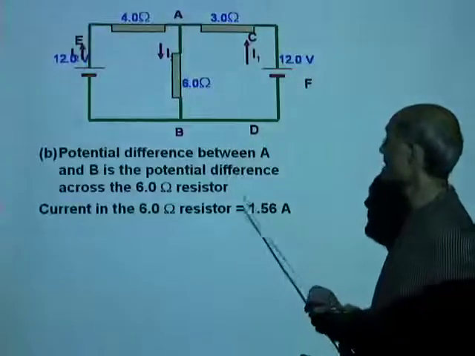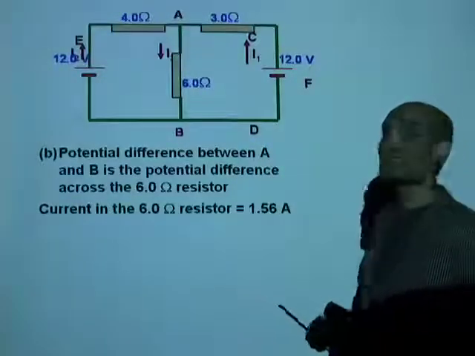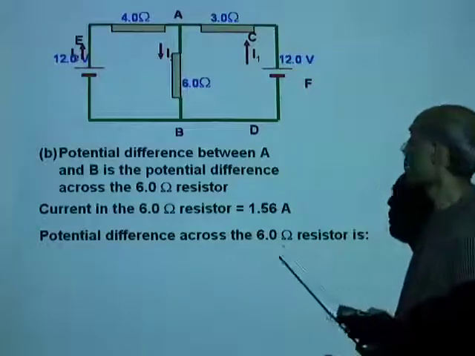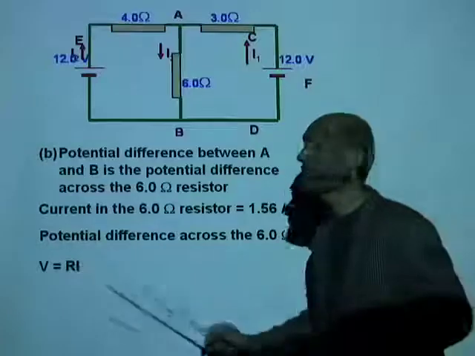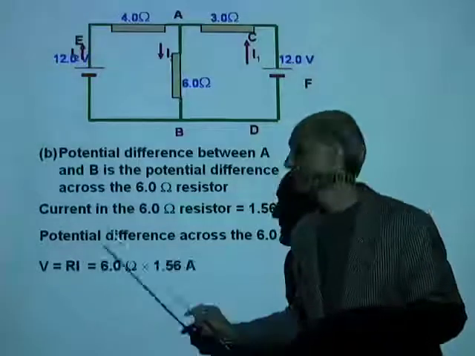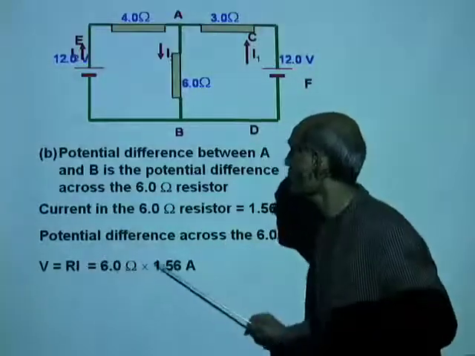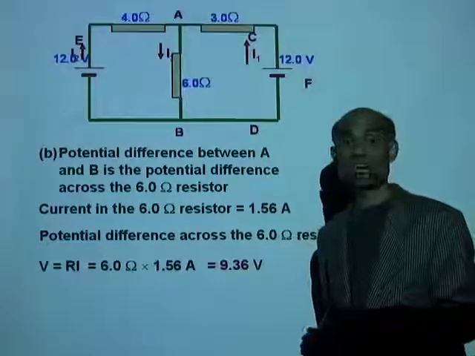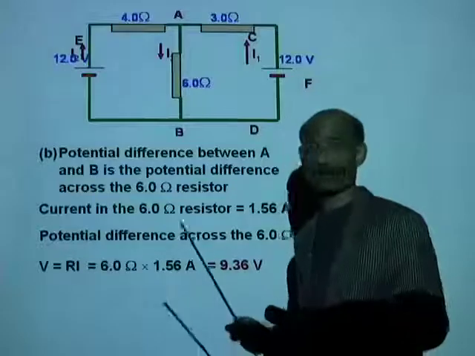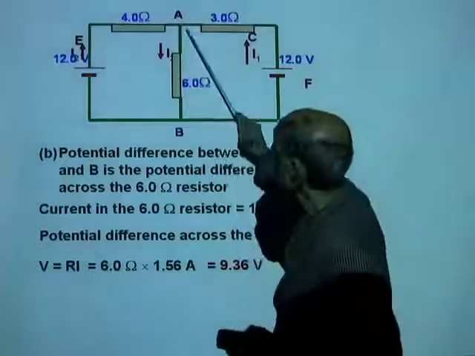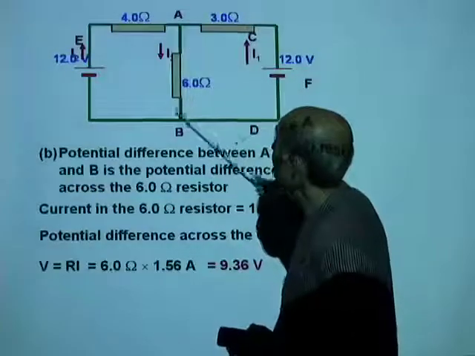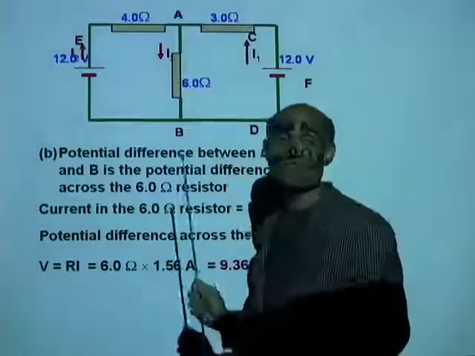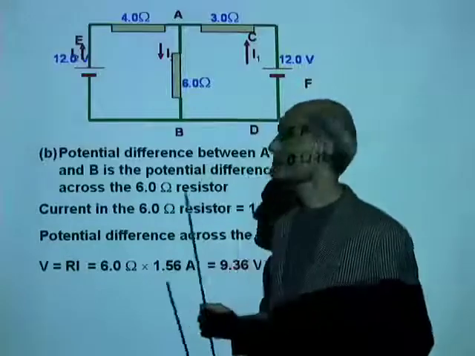We calculated it as 1.56 ampere, and therefore the potential drop across that will be V equal to Ri. That is 6 ohm multiplied by 1.56 ampere. That is 9.36 volts. So once again, the potential drop across the point AB is the same as the potential drop across the resistor.